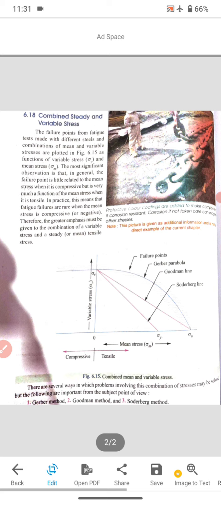You know, a machine component is subjected to steady stress, and combined stress means steady and variable stress both.